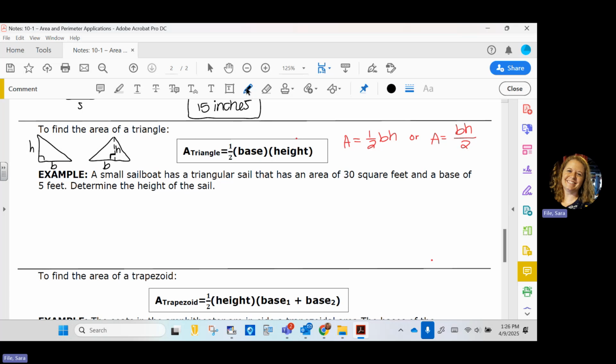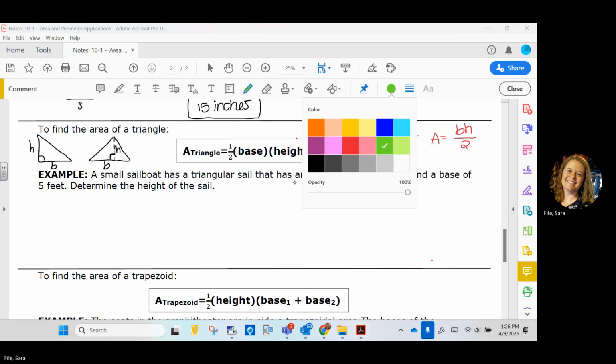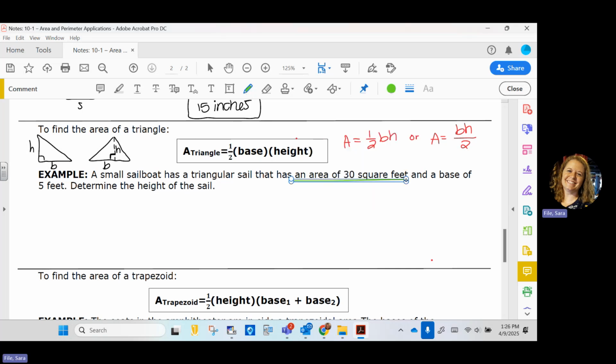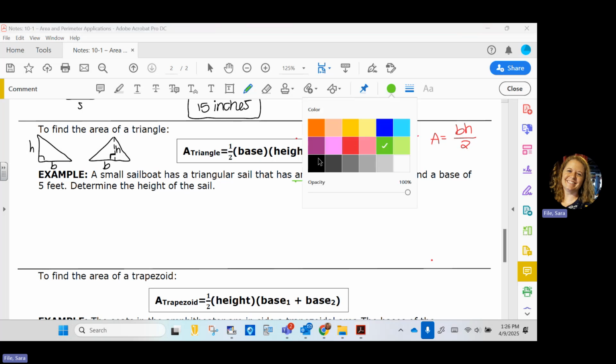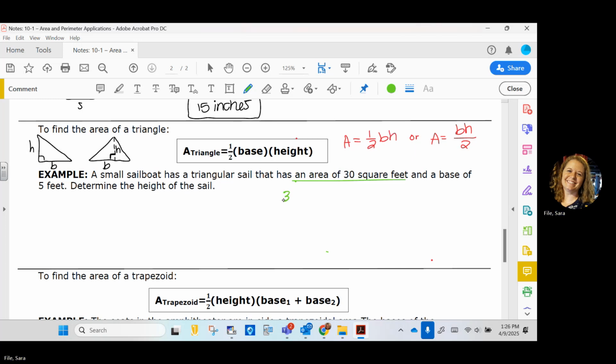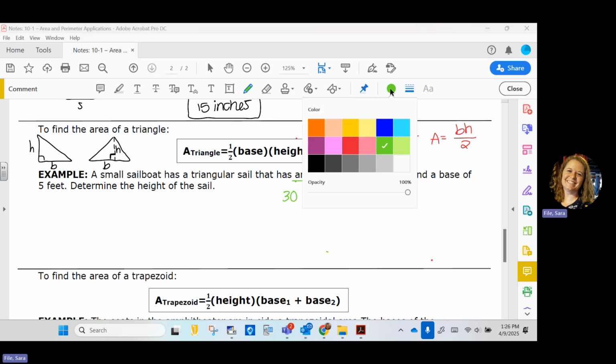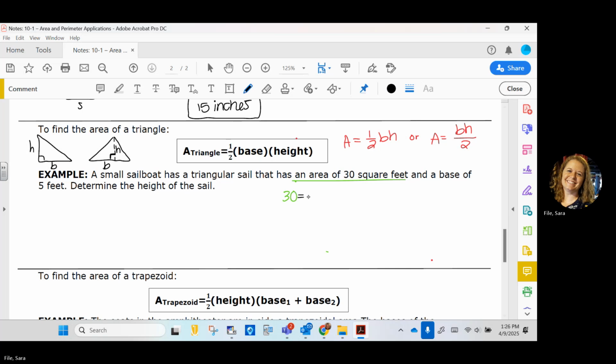So this one says a small sailboat has a triangular sail, the area of which is 30 square feet. Okay, so that's the area. The base is 5 feet. Determine the height. So we're going to work our equation backward. We're going to plug in 30 for the A. I like to do divided by 2 instead of the 1/2, but that's up to you.